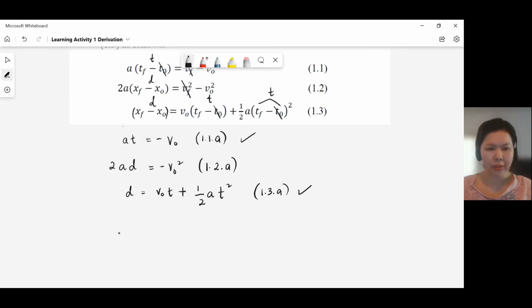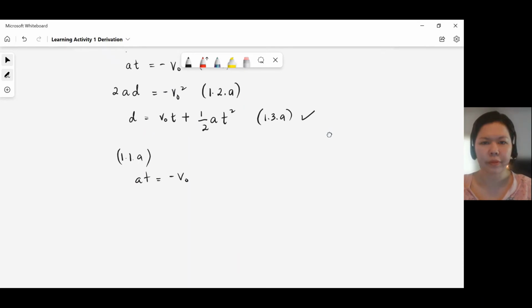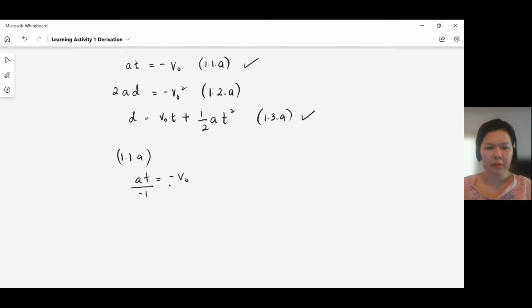So we rewrite 1.1.A, which is AT equals negative V naught, and dividing negative 1 into the equation, the left side will become negative AT and the right side will become V naught. We call this one 1.1 point B.